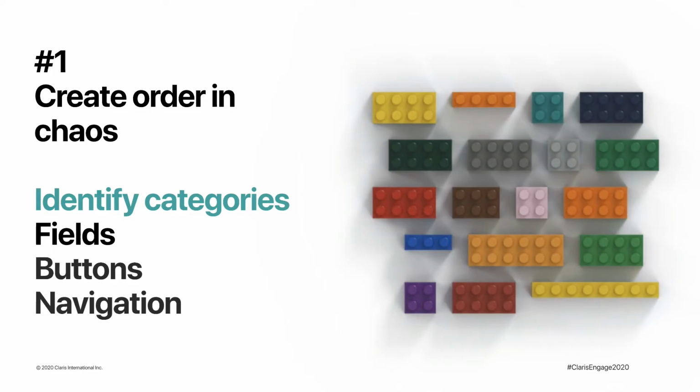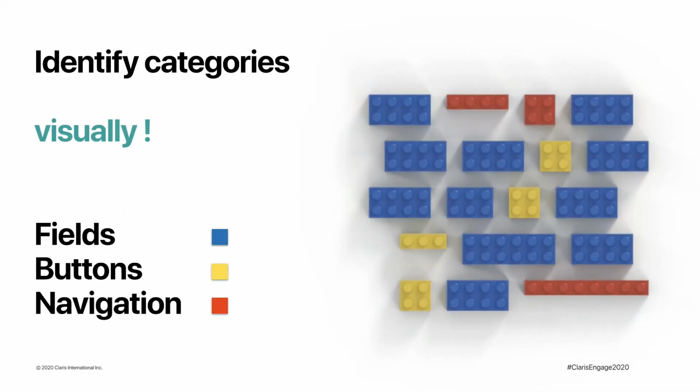First thing you can do when you design a UI is to clearly identify your important categories. In a FileMaker solution, most of the time, we have three main kinds of elements. We have fields, buttons, and navigation. You have to create your own visual grammar, and you have to use it in all of your screens.